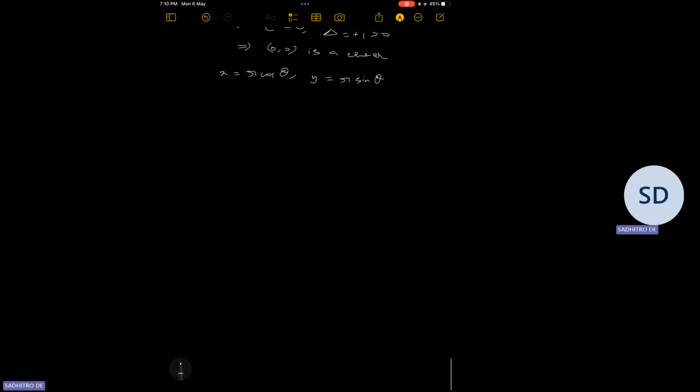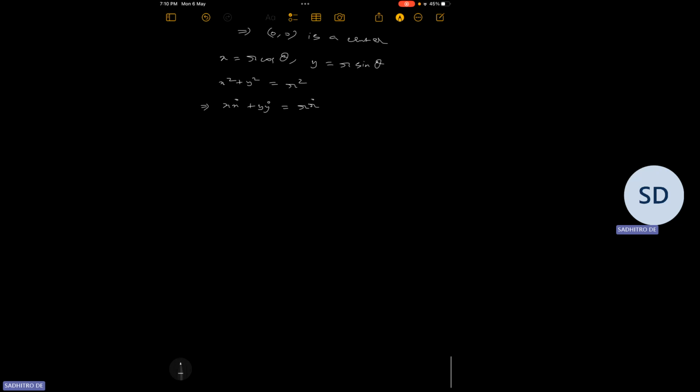So then we have x square plus y square is equal to r square, and x x dot plus y y dot is equal to r r dot. This directly follows from this equation.